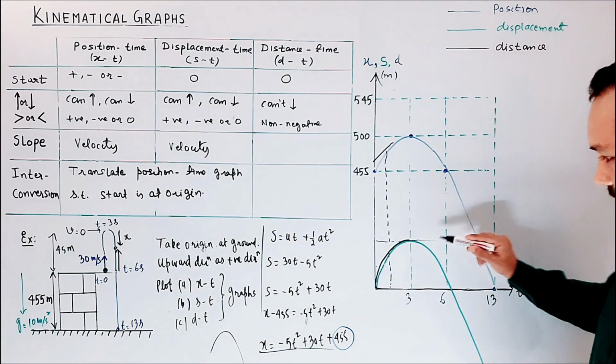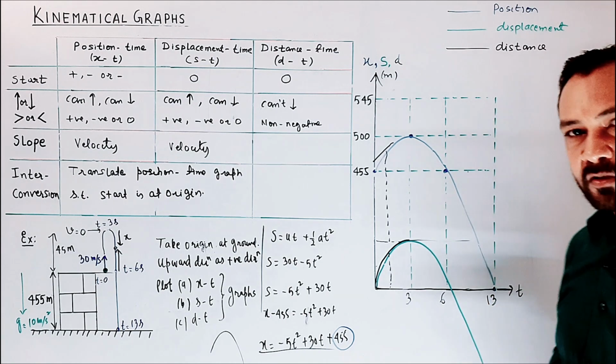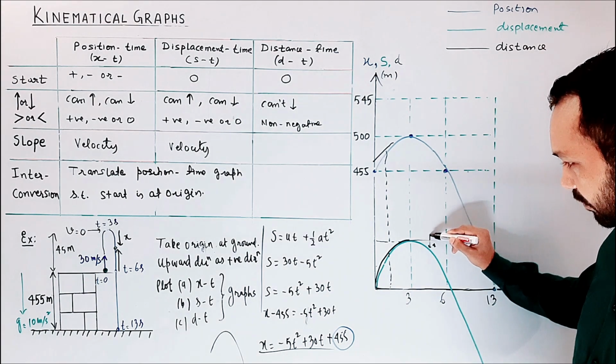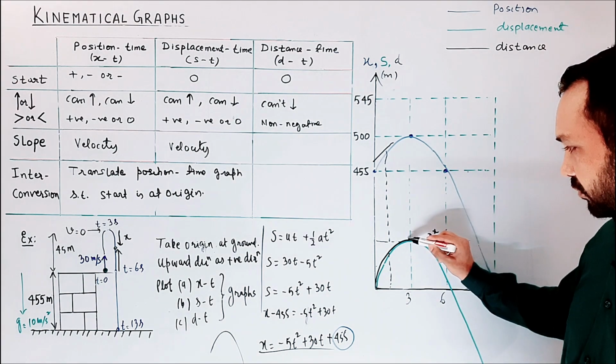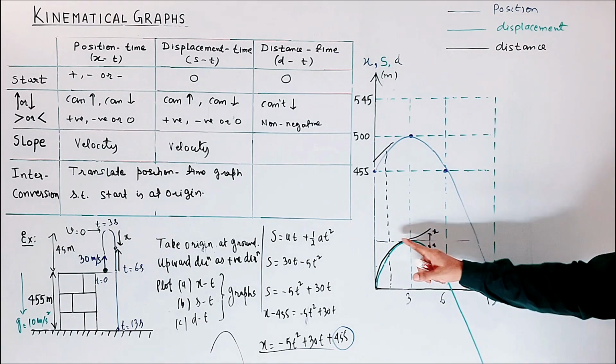So suppose here it is turning, here it is turning. After here, you can see that displacement is decreasing but distance cannot decrease. So if it goes here by x, the distance will go up by x. So the shape would be like this, and I'll keep on drawing like that.